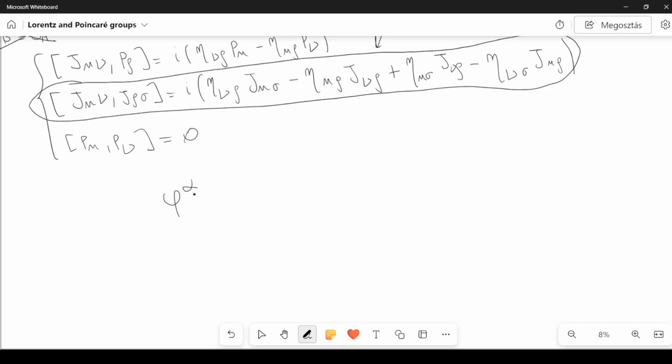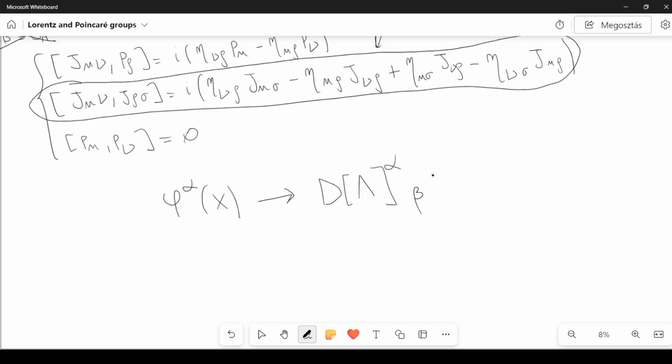And we see how this field transforms. This field depends on x, and it will transform like this according to some matrix D of lambda. So it is still a matrix, and it depends on the Lorentz group in some way. I will show you how.